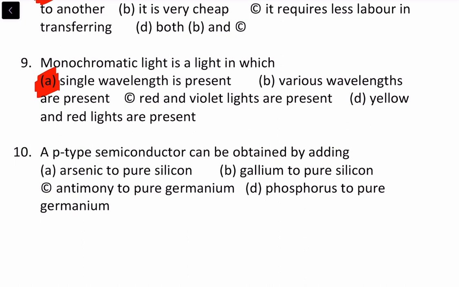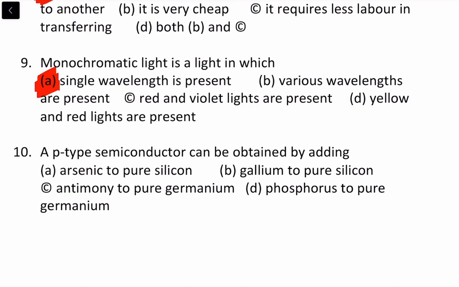Whenever a trivalent impurity is added, we get p-type semiconductor. In n-type, electrons are the majority carriers and holes are minority carriers. In p-type, holes are majority carriers and electrons are minority carriers.